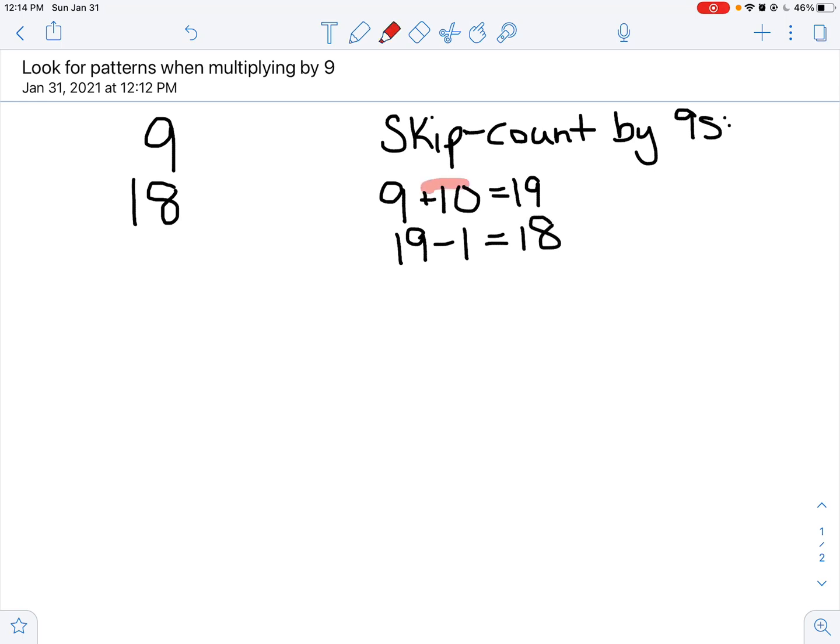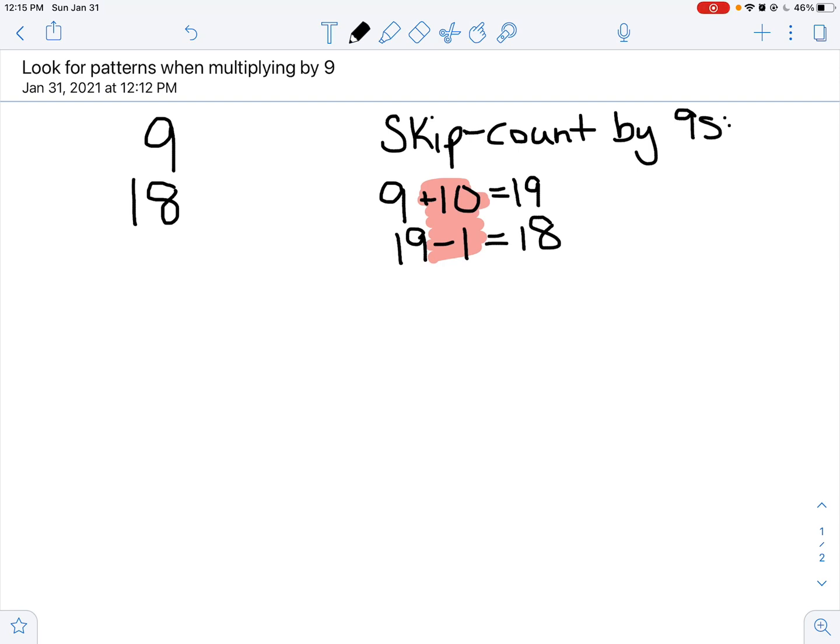So the trick when counting by 9s is to think of plus 10 minus 1, okay? Because you're going to add 9, it's much easier to add 10 and then take 1 away than it is to try to add 9 onto random numbers. So that's our first little tip or trick or pattern of the day.